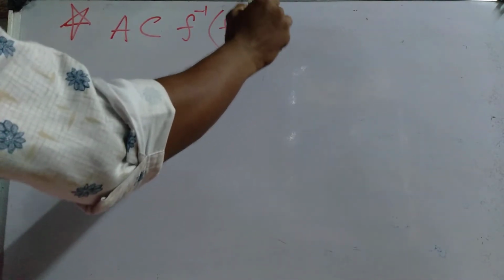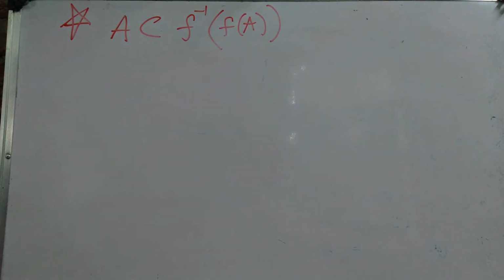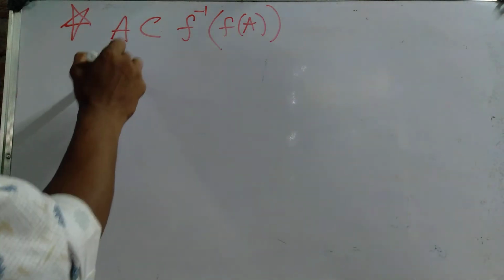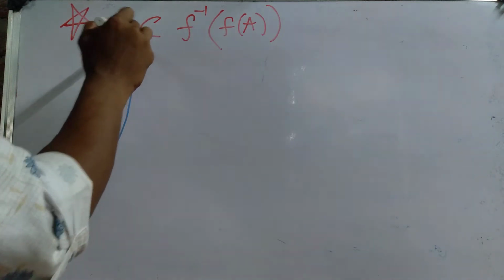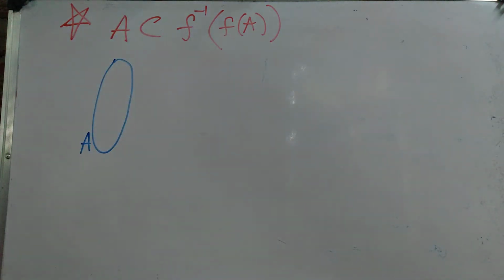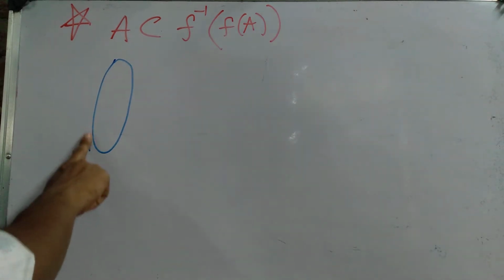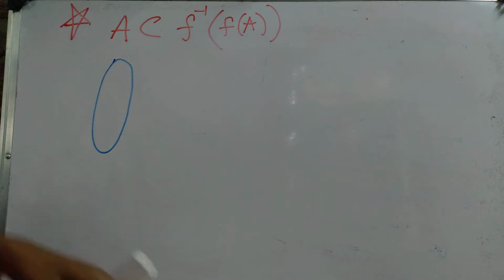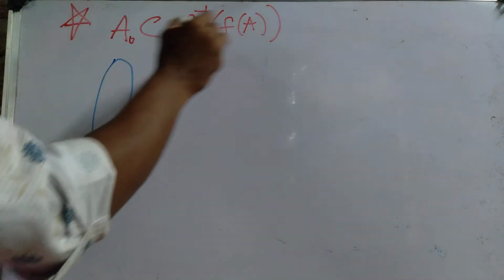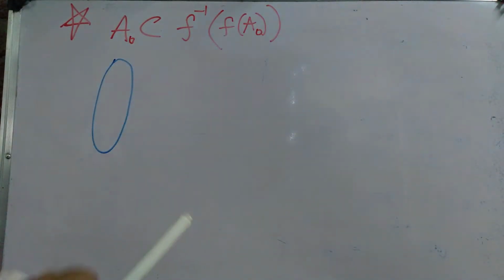A0 is a subset of f inverse of f of A0. How do we handle it? We first see it in this way. Here we take just A0 and then this one f of A0.